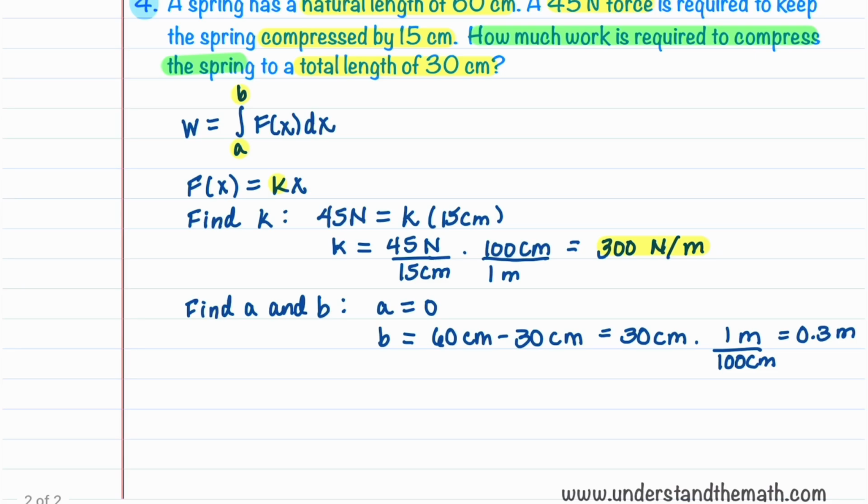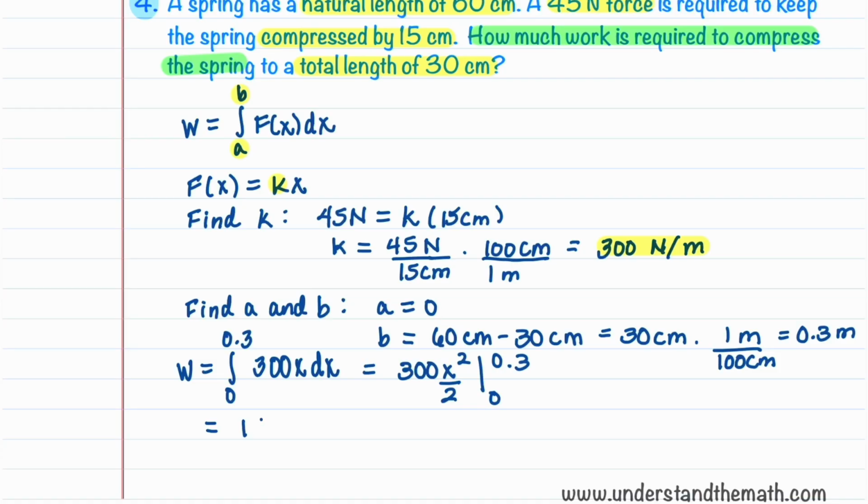Now let's go ahead and evaluate our integral. Our work is the integral from 0 to 0.3 of k times x. k is 300, so we have 300x dx. This is equal to 300 x squared divided by 2, and x goes from 0 to 0.3.